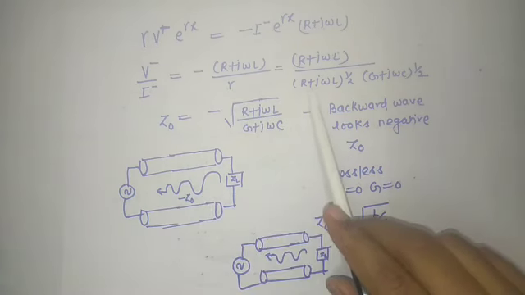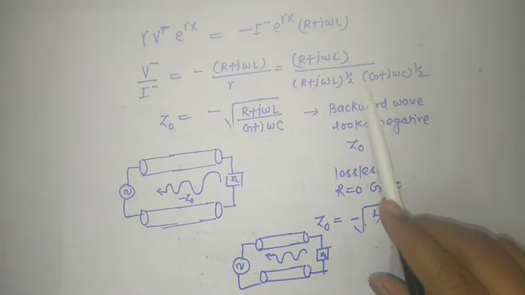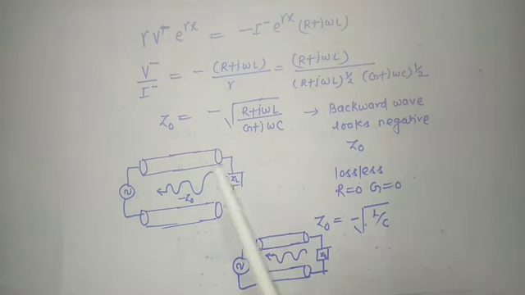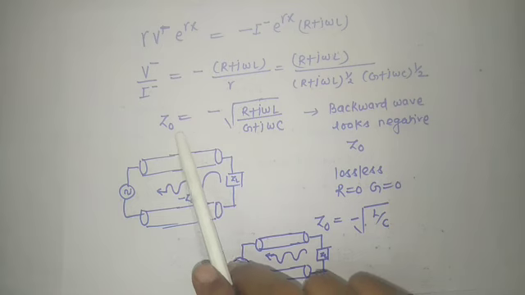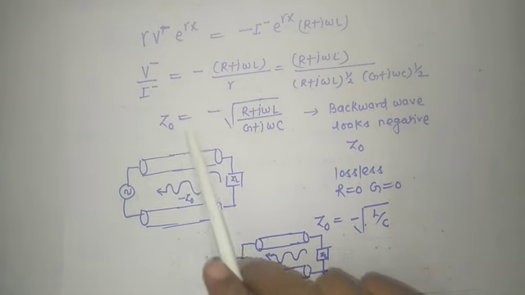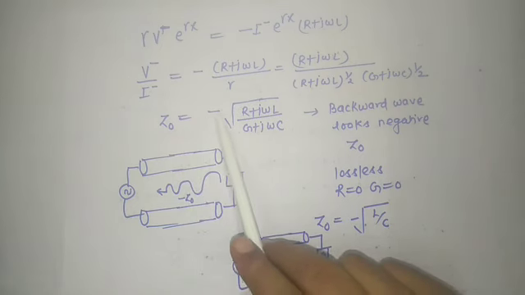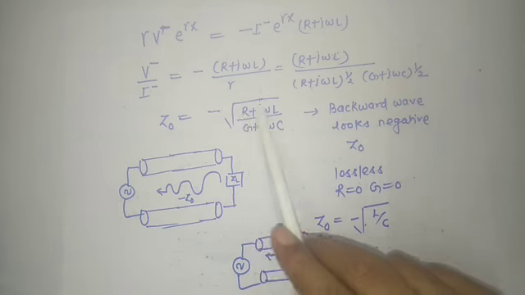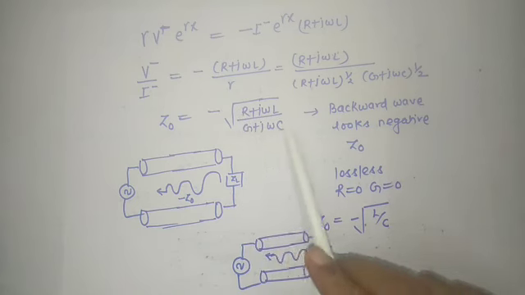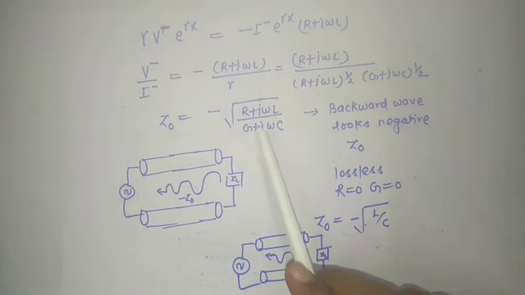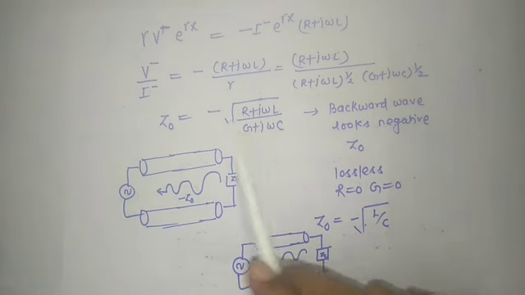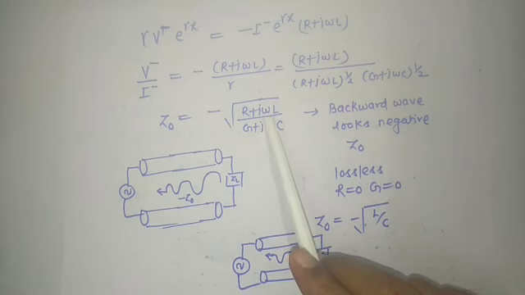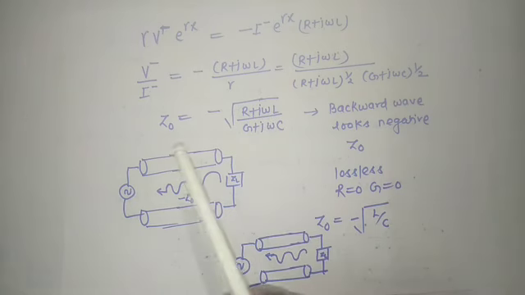That is under root of R plus j omega L into G plus j omega C. Then you can observe that the backward wave is looking at a negative characteristic impedance, and this characteristic impedance depends on the basic character of the transmission line, or you can say the primary constants of the transmission line. And again you can say that the characteristic impedance is not a function of location or distance.